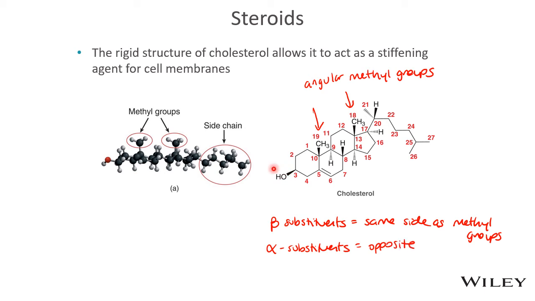So for instance, this OH group, which can be considered a substituent off of the main skeleton, is on the same side as the angular methyl groups, which would make it a beta substituent. Now this group over here, this alkyl group, is known as the side chain, which hangs off of the main skeleton of the cholesterol molecule.